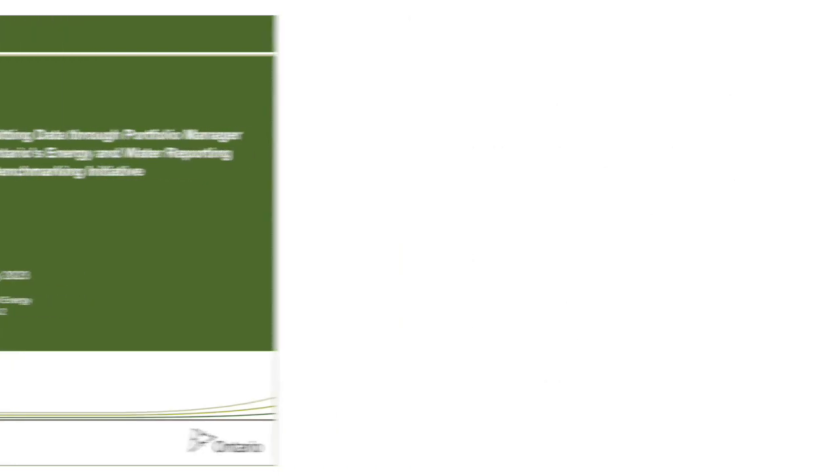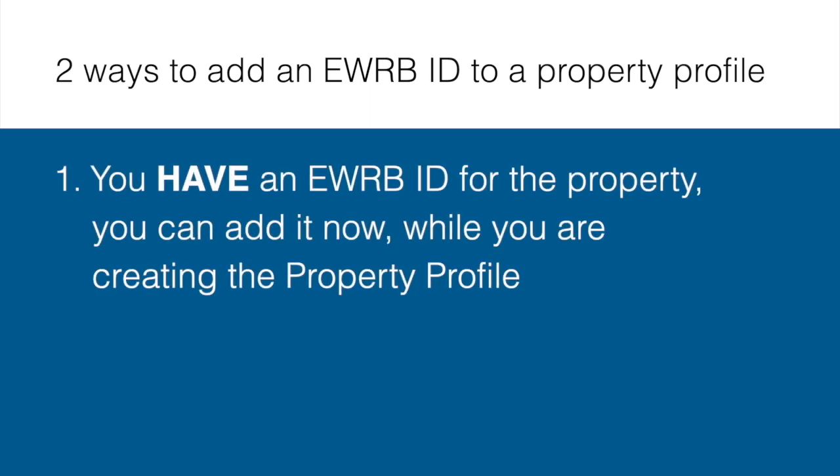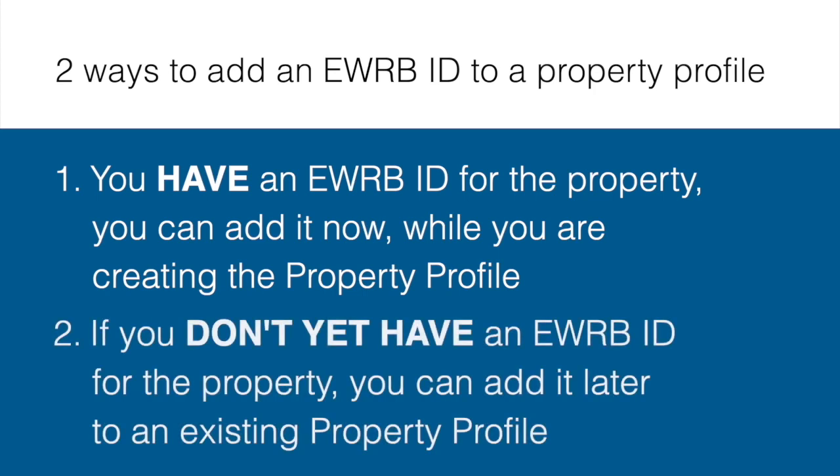below this video. There are two ways to add an EWRB ID to your property profile. 1. If you have an EWRB ID for the property, you can add it now while you are creating the property profile. 2. If you don't yet have an EWRB ID for the property, you can add it later to an existing property profile.